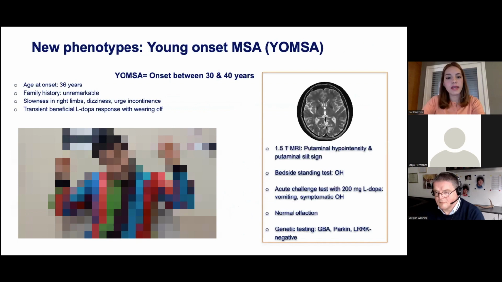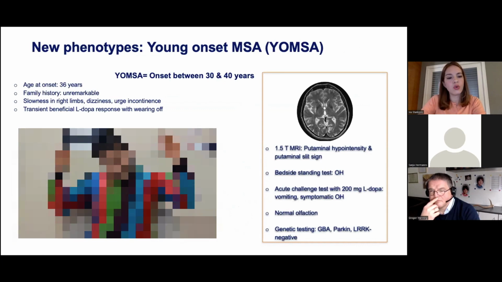In the past decade, patients with disease onset earlier than usual have been highlighted and observed, and these patients have onset between 30 and 40 years of age.